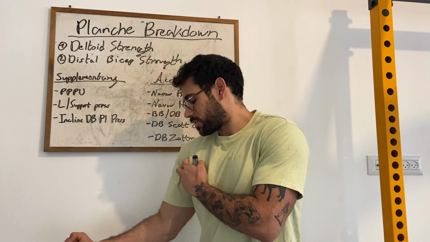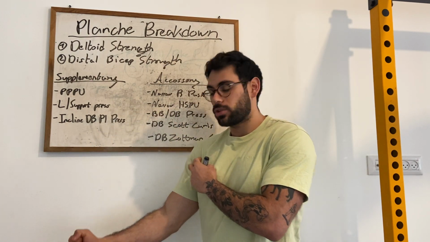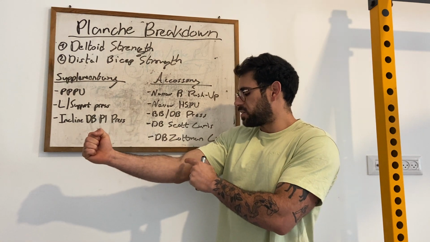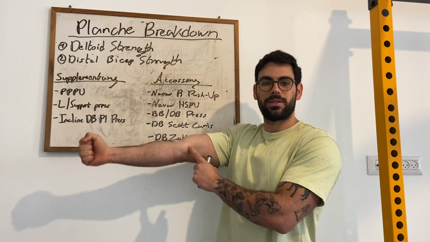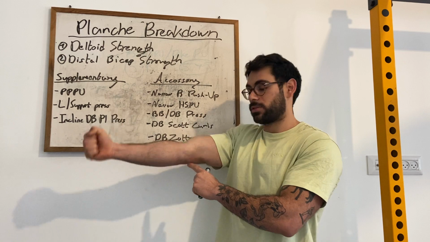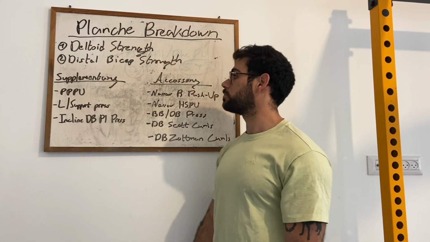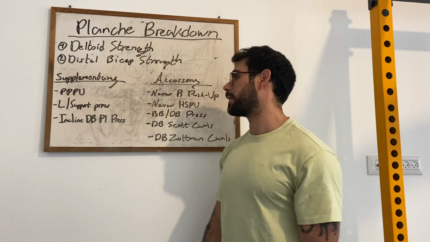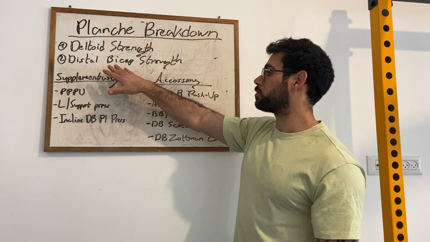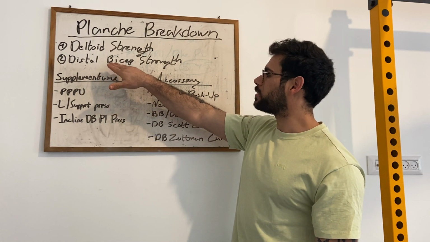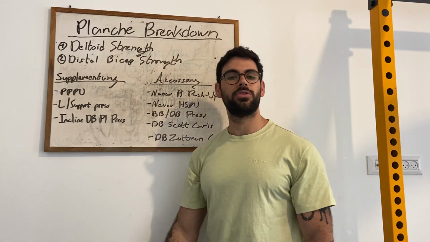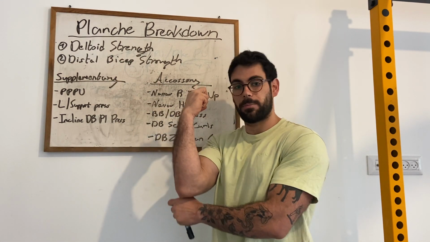Their deltoids are strong enough to hold that position isometrically, but with not as much stress on the distal bicep tendon. They are not able to fully lock the elbows, and not locked elbows are not a planche, even slightly.